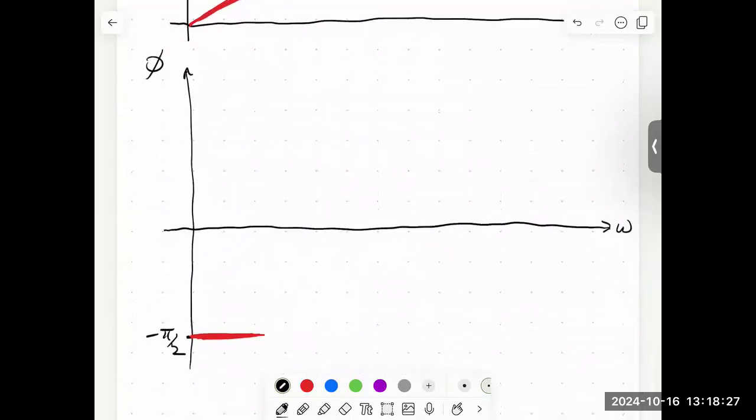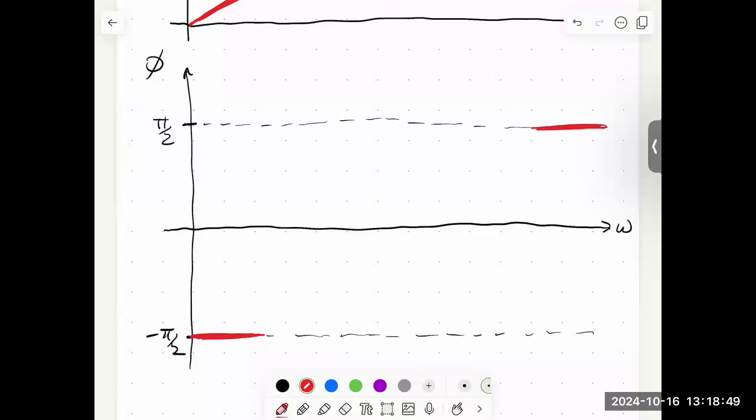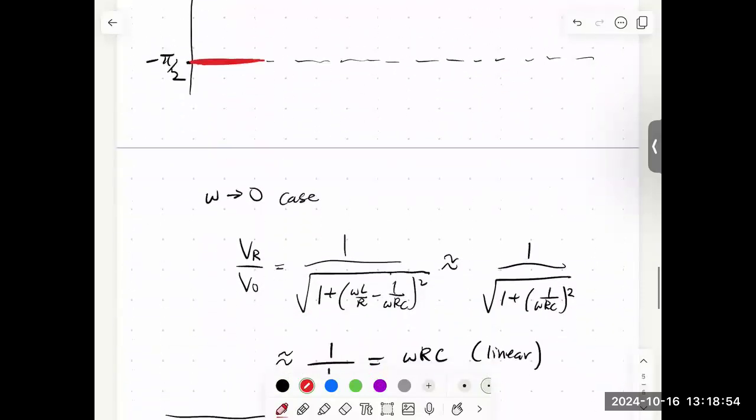So I can say, 1, 2, 3, 1, 2, 3. That's about here, plus pi over 2. I'll draw a dashed line that extends out to high frequencies, maybe over here as well. At high frequency, we think we're going to approach a phase of plus pi over 2. All right, so fair enough.